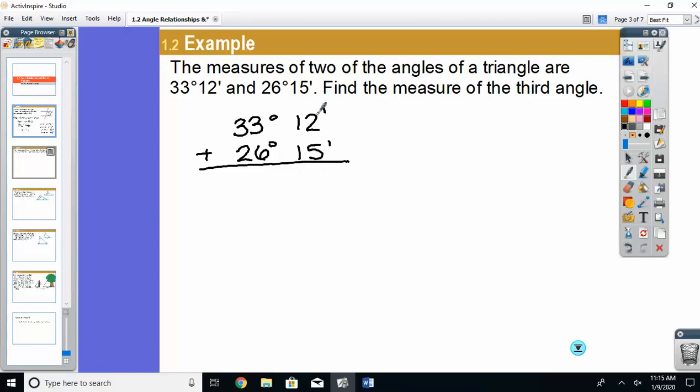Okay, so then we add our minutes together, so that would be 27 minutes. Add your degrees. So that's 59 degrees 27 minutes. So now we have to do 180 minus that.